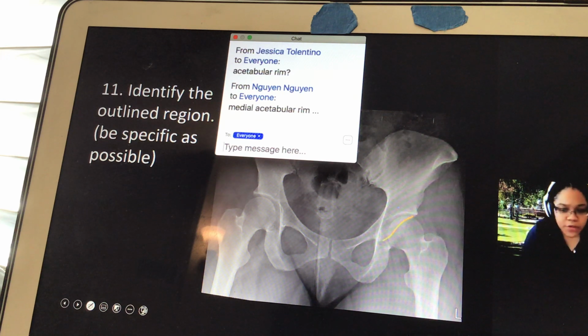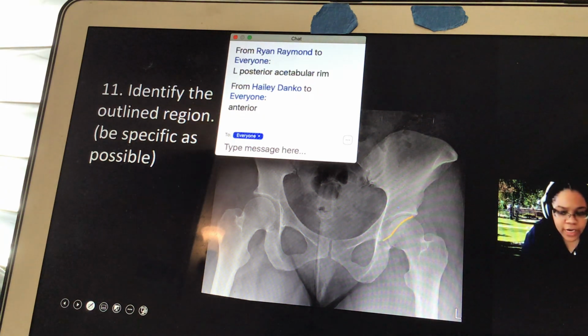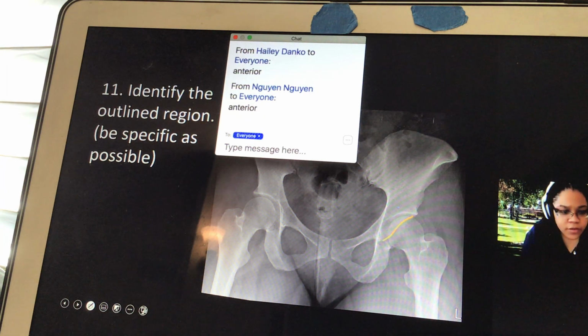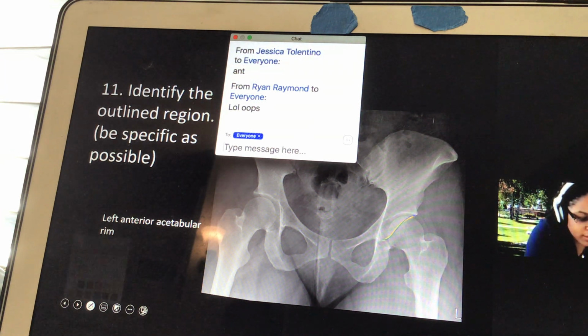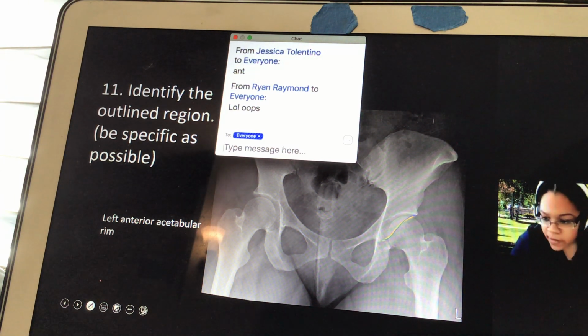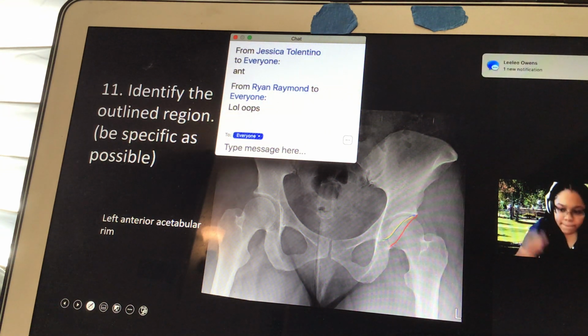It's the acetabular rim. Do you remember which one is more medial? Is it posterior or anterior? So the anterior one is more medial, and then the posterior one projects more laterally. Okay?